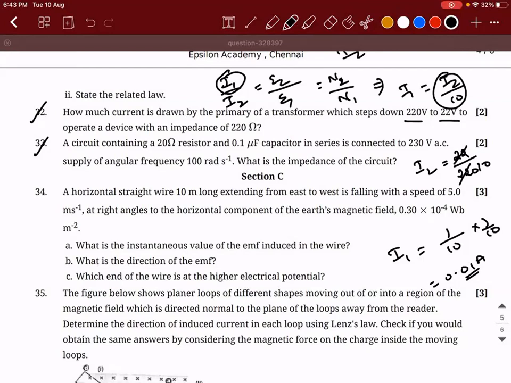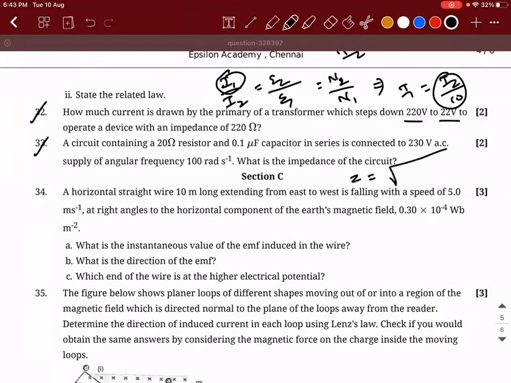A circuit containing a 20 ohm resistor and a 0.1 microfarad capacitor in series is connected to 230 volt AC, and the angular frequency is given. You guys tell me how to do this problem. What is the impedance? So Z is equal to root of R square plus XC square.